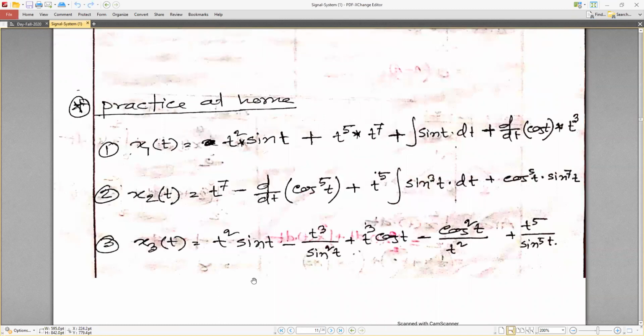Now see, some examples are given. x1(t) = t^2 sin t + t^5 · t^7 + ∫ sin t dt + d/dt of (cos t · t^3).